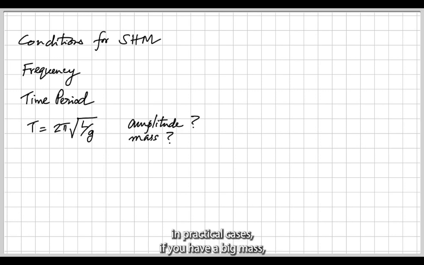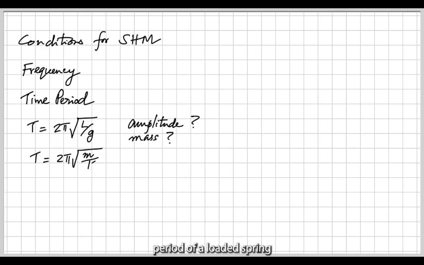Remember that in practical cases, if you have a big mass, air resistance is going to affect the motion of the pendulum. But here we are ignoring the air resistance. So that's the time period of a simple pendulum. We will come back to this later. But for now, let's look at the formula for time period of a loaded spring.